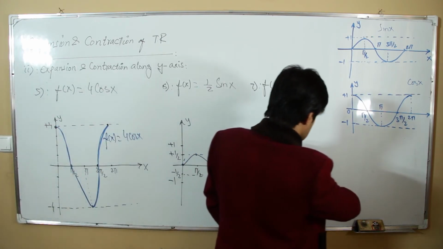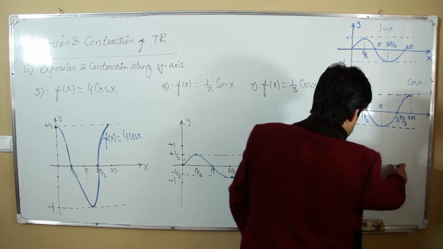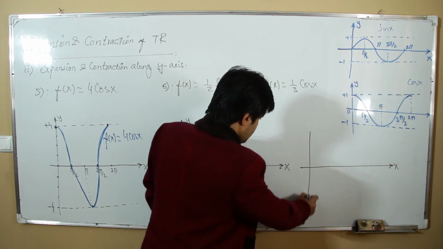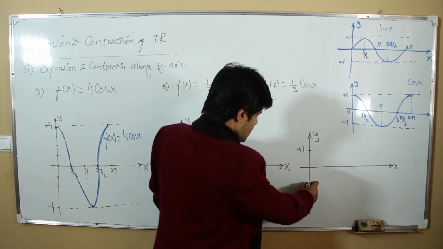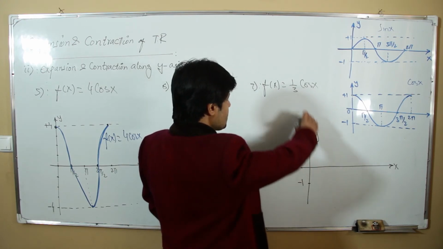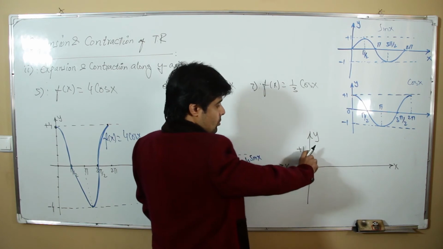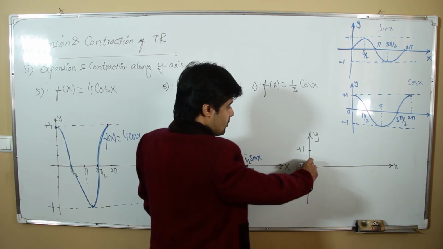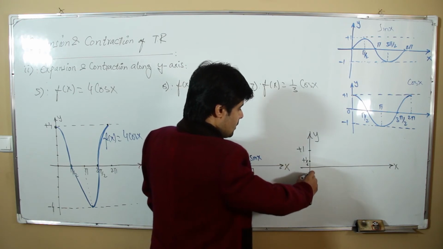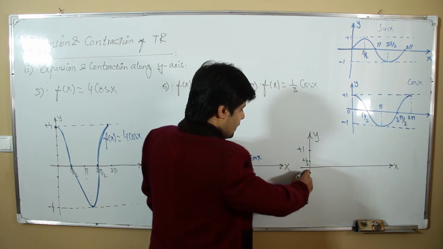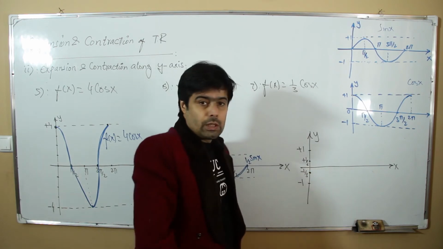This is our x-axis, this is our y-axis. It is positive 1, this one is negative 1, but it should be 1 by 3. So you have to divide this one into 3 parts. This is positive 1 divided by 3, and this one is negative 1 divided by 3.